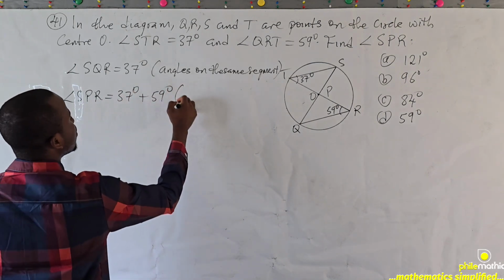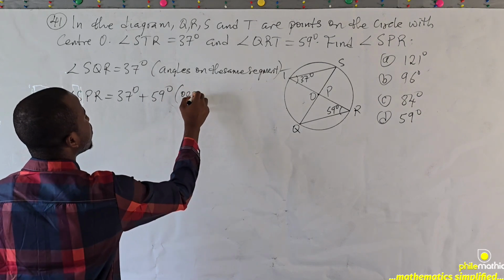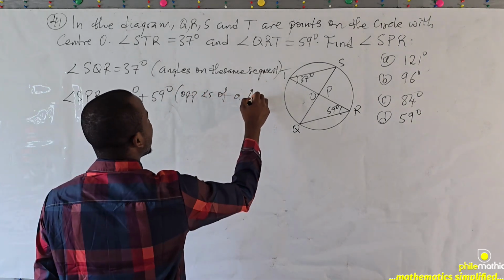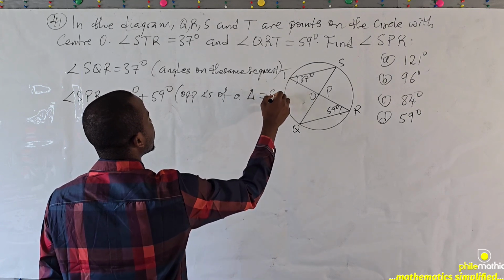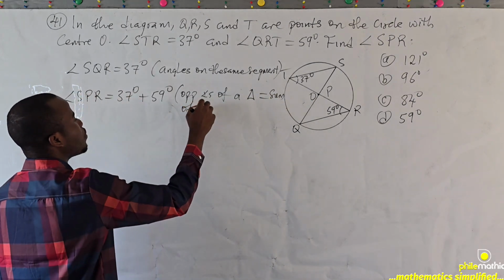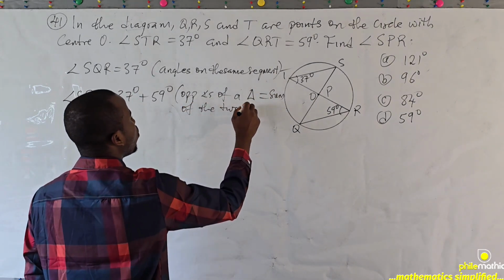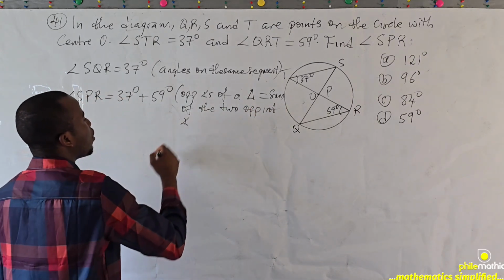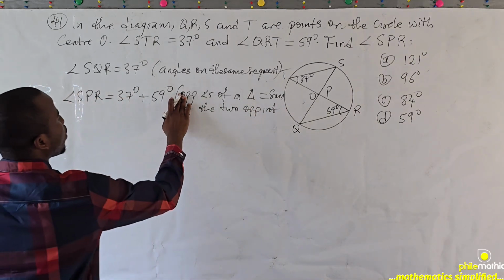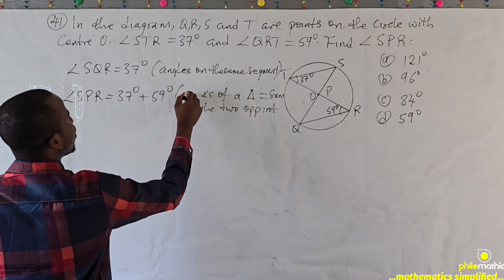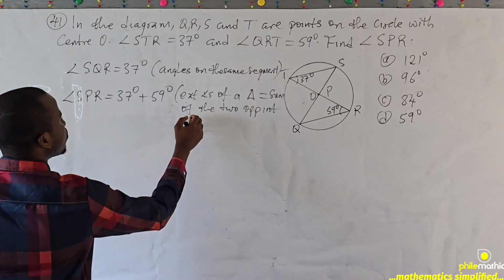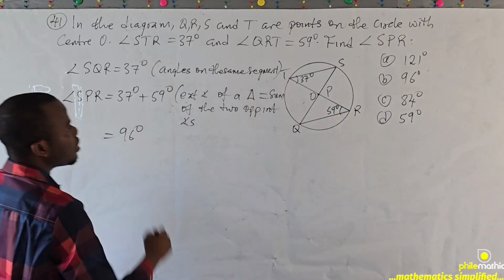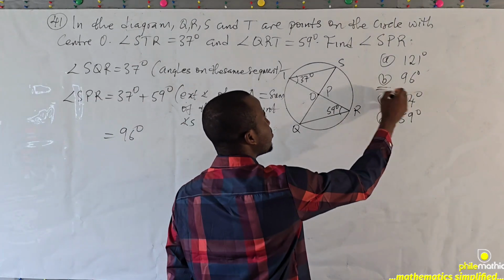The reason is the exterior angle of a triangle equals the sum of the two opposite interior angles. Sorry, exterior angles. So if we sum this, we'll get 96 degrees, which is B.